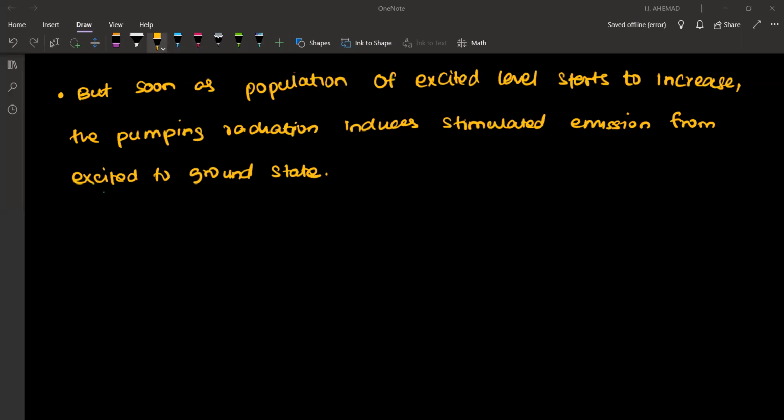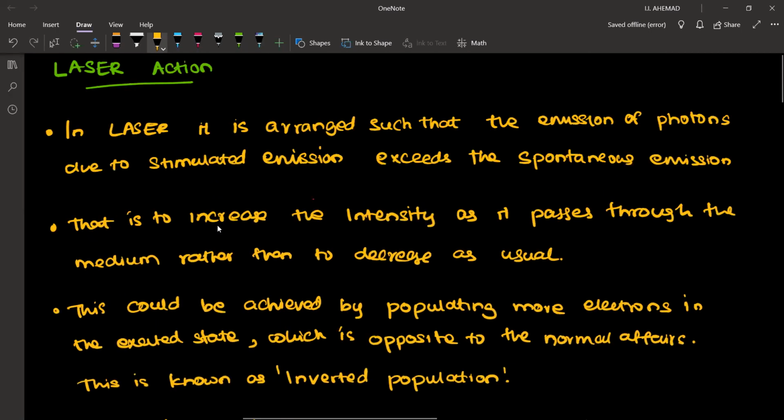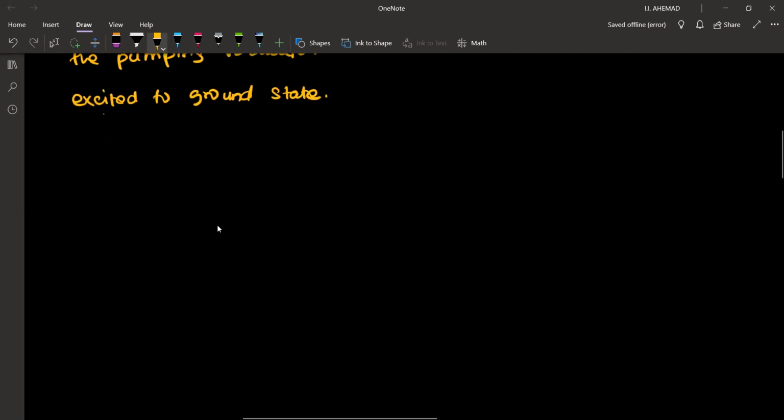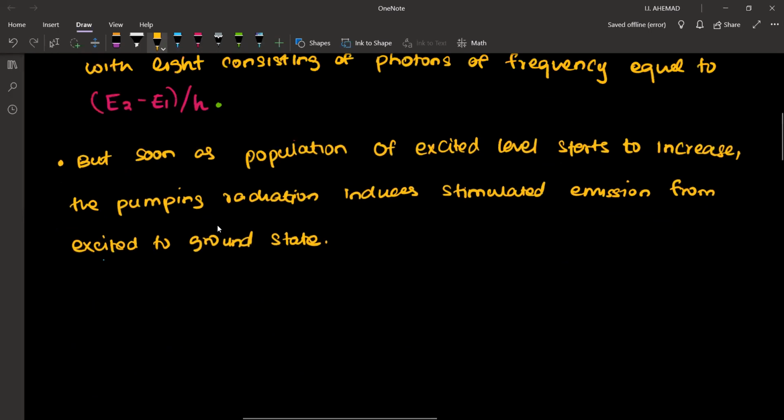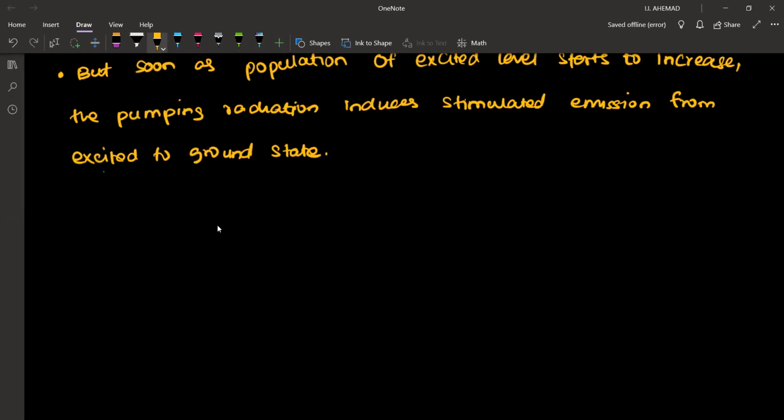So now, this setup, we are not able to use as a laser. To overcome this problem, now what is the problem? When we are trying to set up an inverted population, it is also inducing the stimulated emission. Therefore, we are not able to set up an inverted population properly.